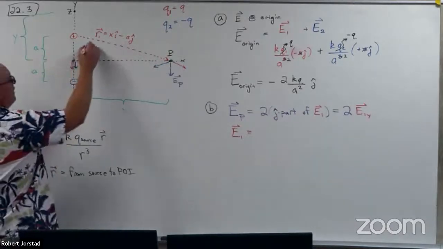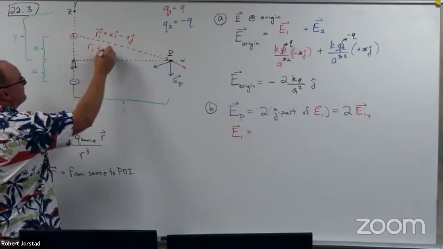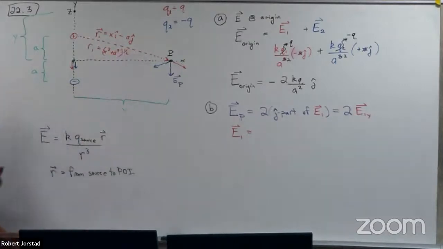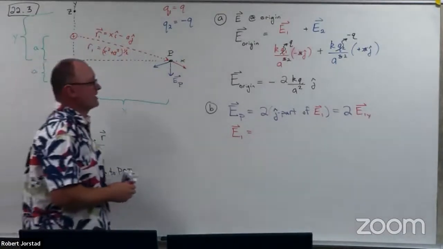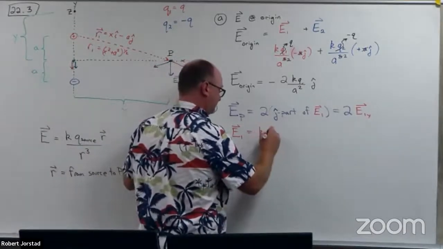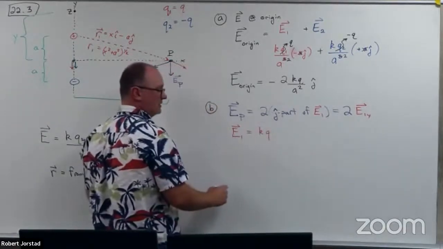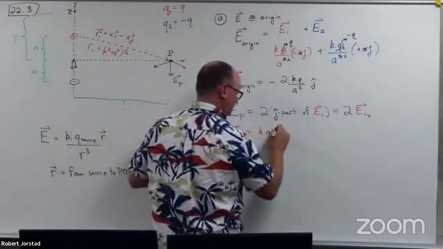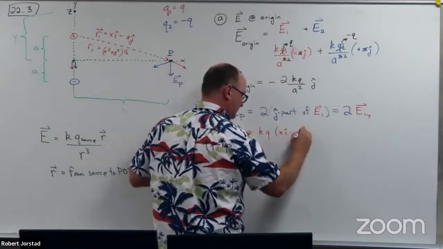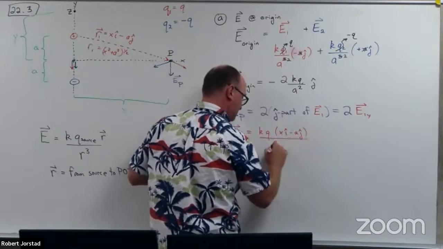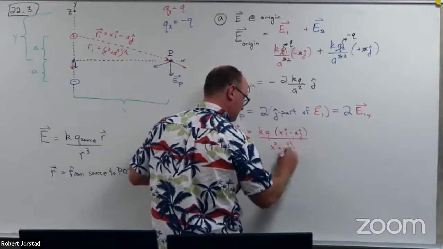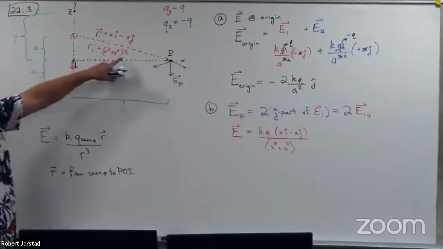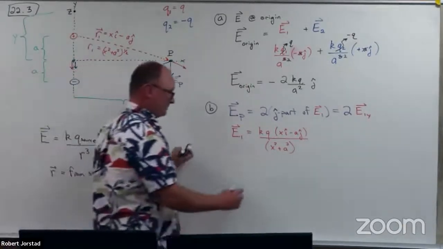And so notice R1 magnitude, now it's actually easy to write this down. Q1 is Q. This was raised to the 1/2, and then remember, you've got to cube it. So the distance was to the 1/2. When you cube it, you get 3/2.